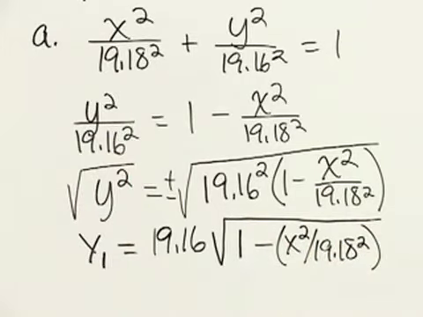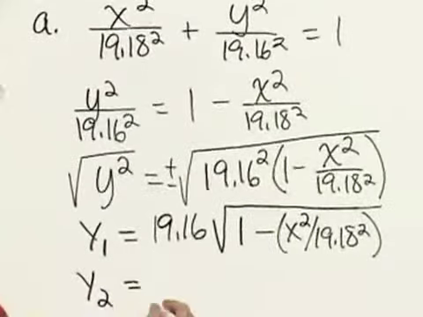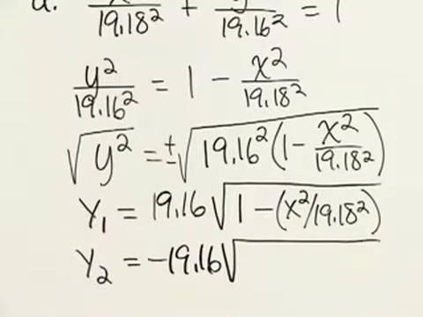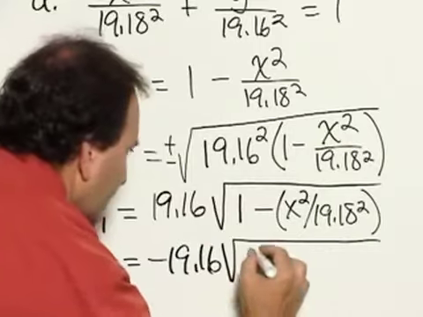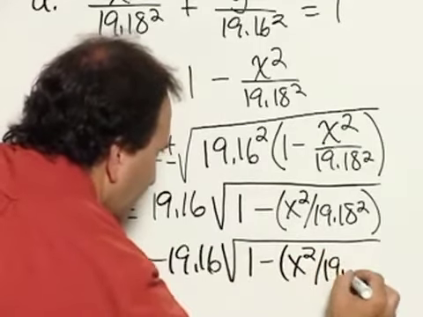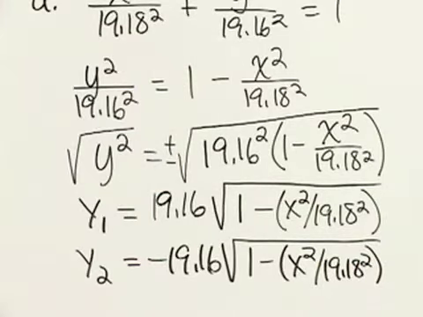And that's just to make sure that we're accurate when we enter it into the calculator. Now, y sub 2 will be that equation with a negative sign in front of it. So, negative 19.16 times the square root of 1 minus parentheses x squared divided by 19.18 squared.